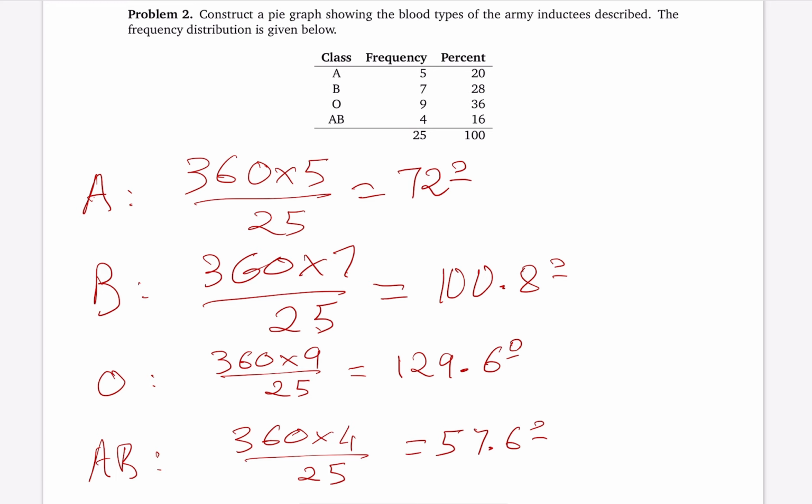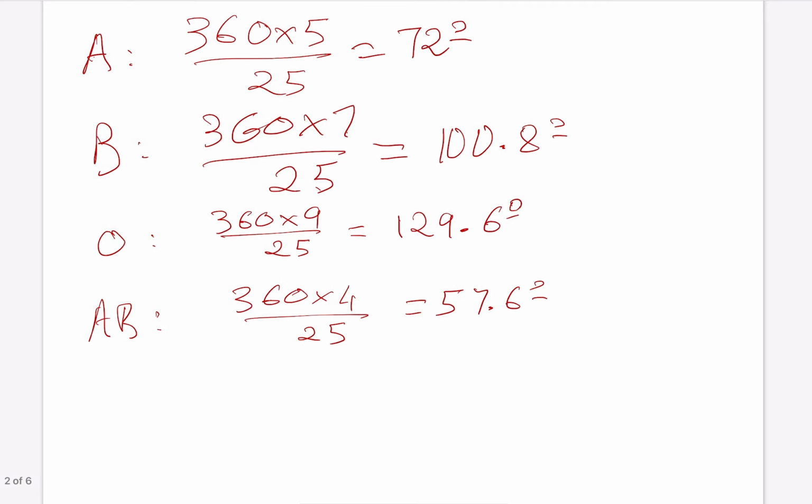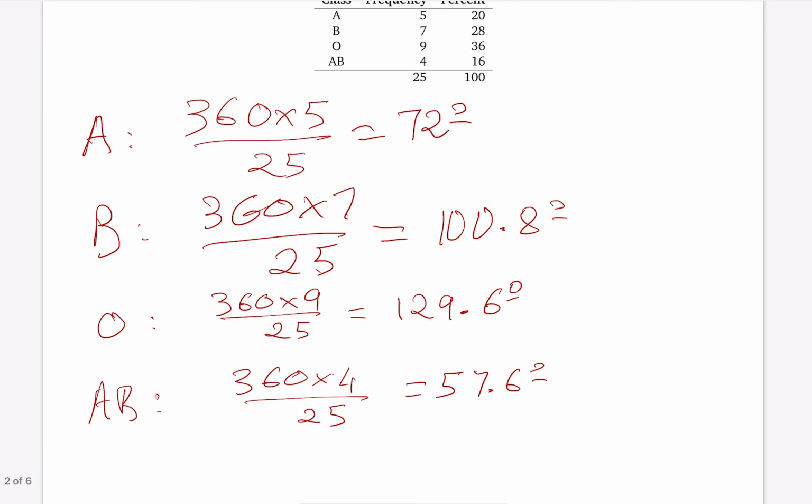Just to recap, the way to calculate the percentage is 5 divided by 25, times 100, which is 500 divided by 25, and that is 20. Keep going like that. 7 divided by 25 times 100 gives 28%. That's the way they get the percentage. But if the percentage wasn't given, you have to calculate it.